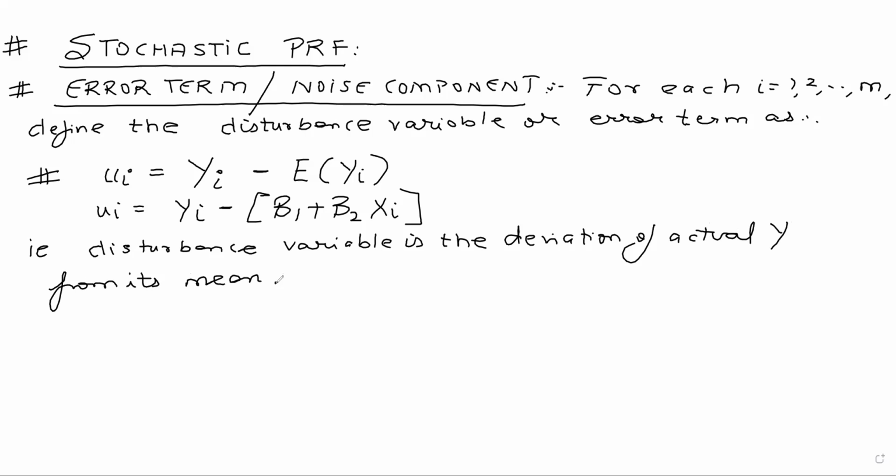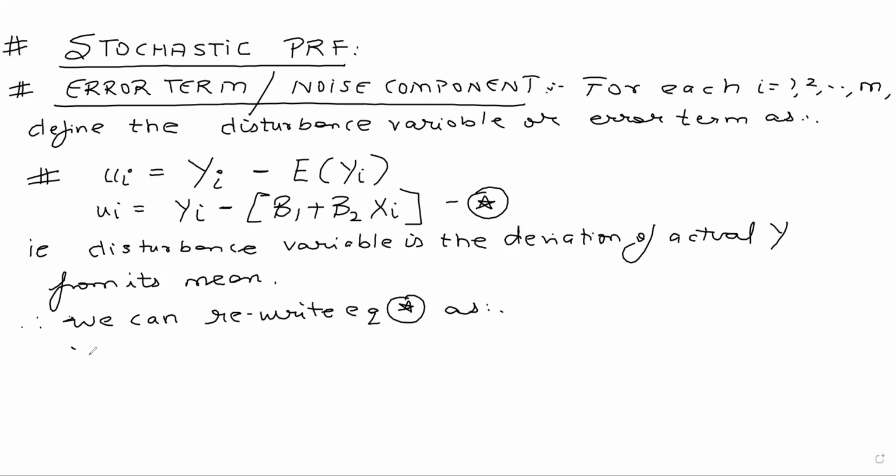So how can I write this above equation star? We can rewrite equation star as yi is equal to b1 plus b2 xi plus ui.